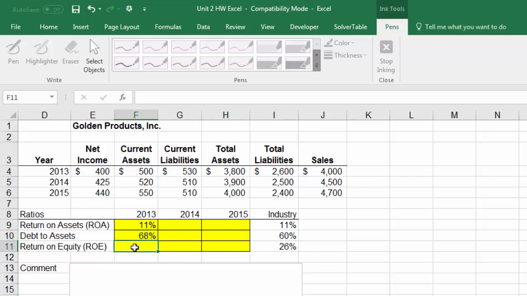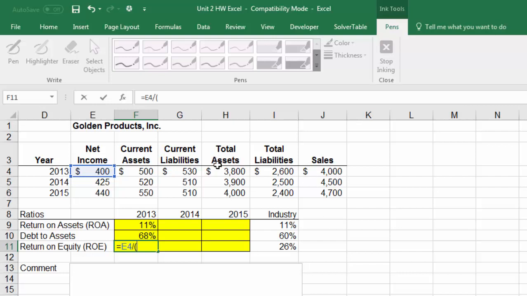And then return on equity, net income divided by total stockholders' equity. So net income for 2013 is right there, and then total equity is, oh, where is total equity? Not given, so we're going to have to calculate it, but that's okay. We can use the balance sheet equation: assets equals liabilities plus equity.